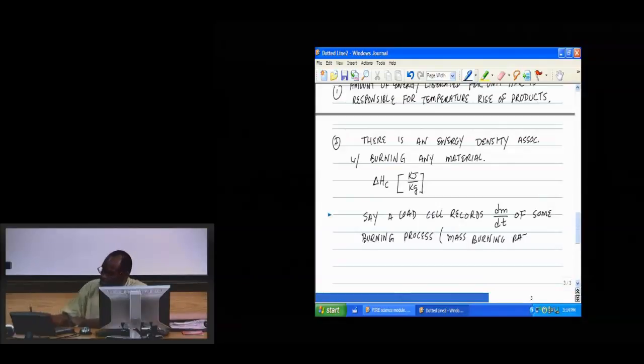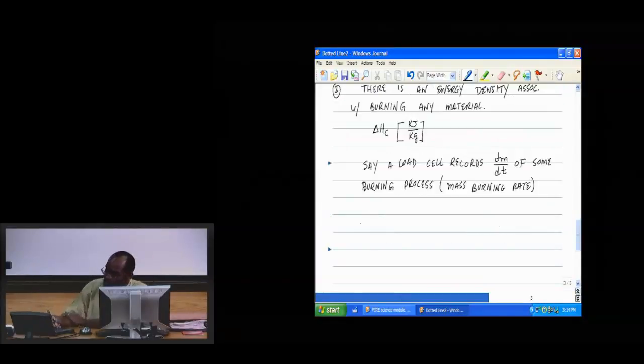Then, if I know the delta Hc, the heat of combustion of that material, then I know what the heat release rate is as that material burns.